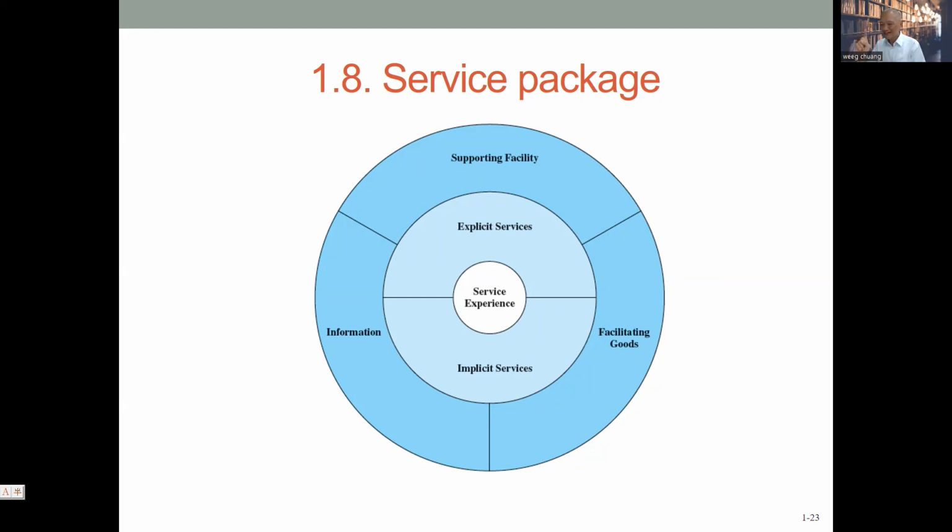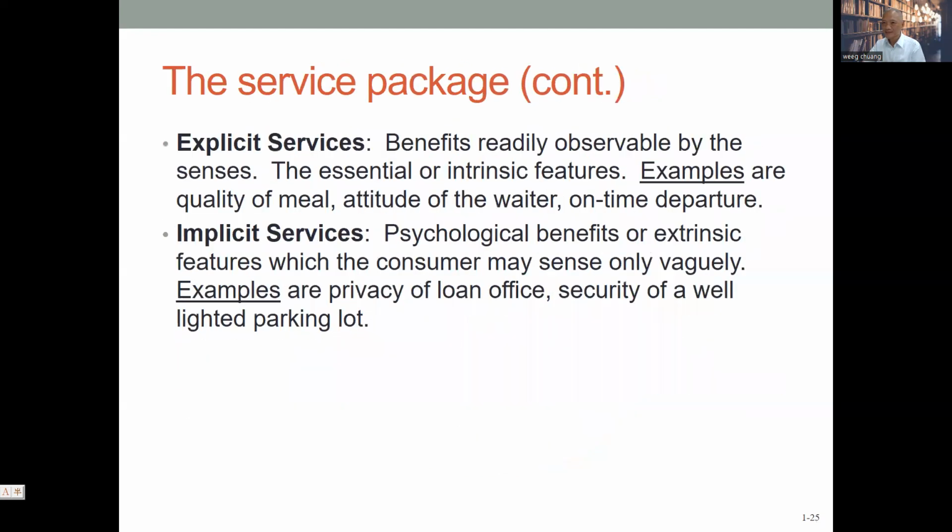Now, next, let's look at the core, the central part of the service that includes explicit services and implicit services. Explicit services are benefits readily observable by the senses. The essential or intrinsic features.